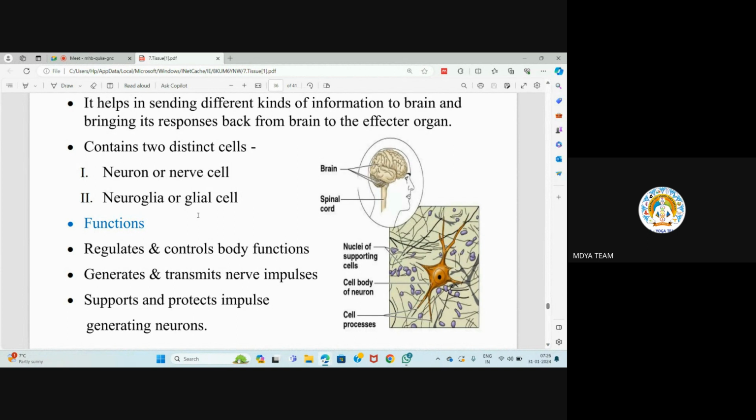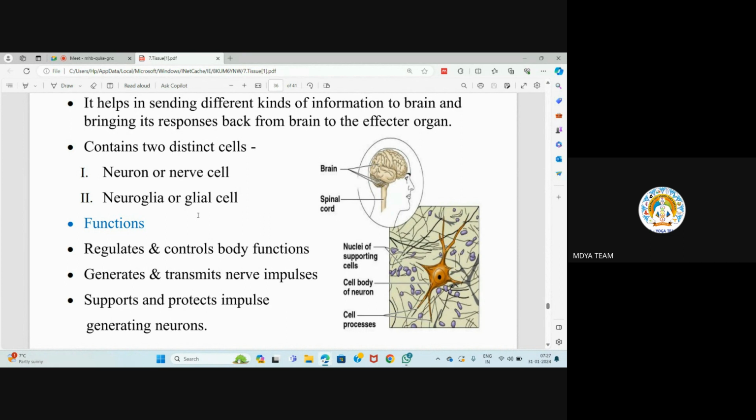Then we take a sweater for cold, we switch on the fan for heat, or we eat something, we consume food if we are hungry. So these are body functions, and many more functions are happening in the human body.